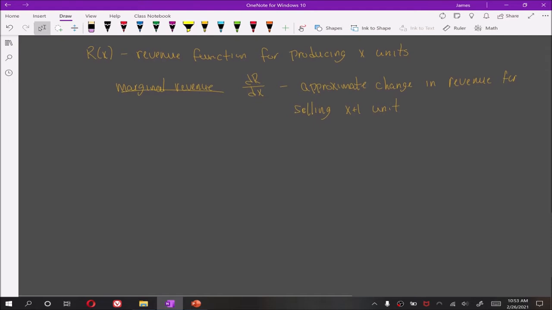And finally, p of x represents the profit function for selling x units. I'm sorry, where it says r of x, that should have been selling, not producing.